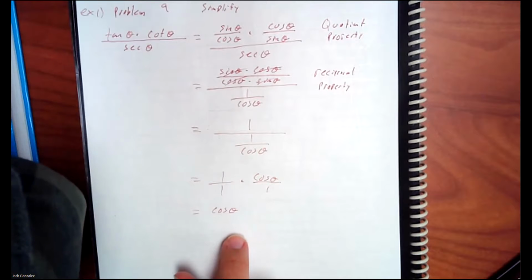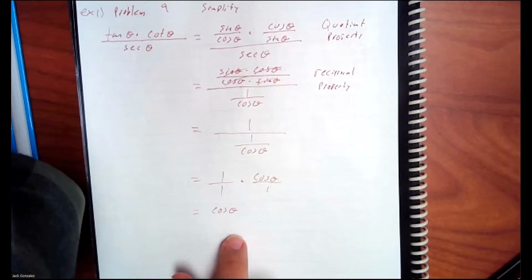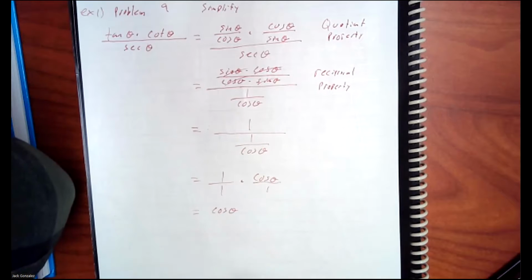And at this point, there's nothing else we can do, right? Do you see any property we could use that would make it more simple?